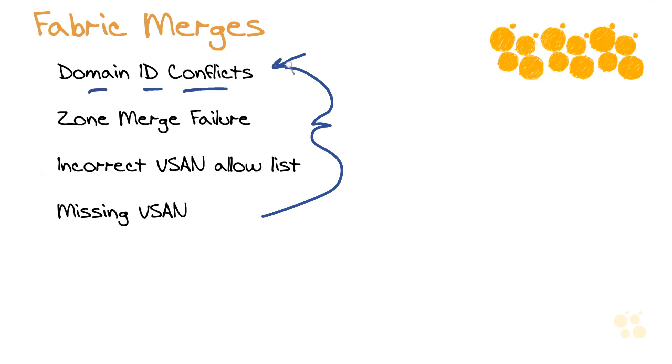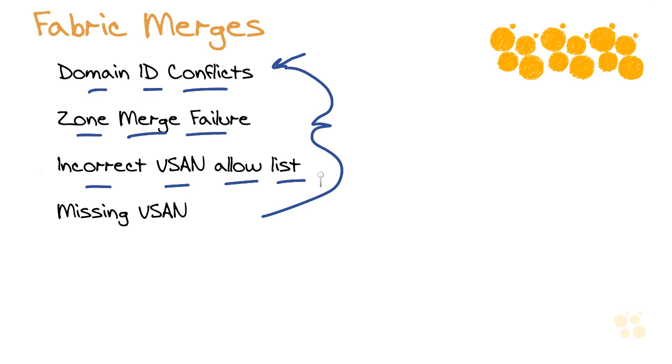Oftentimes, zone merge failure is caused by incompatibilities in the active zone databases. If two fabrics have active zones with the same name, then the members of those zones must be identical. Something else to look out for is the VSAN allow list.